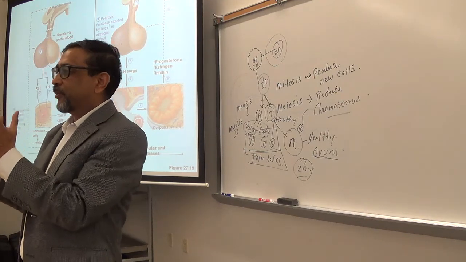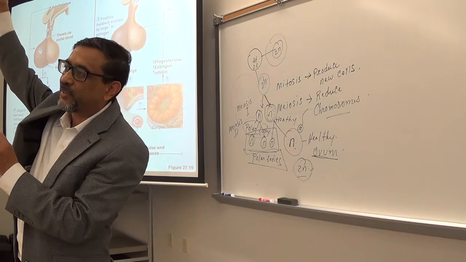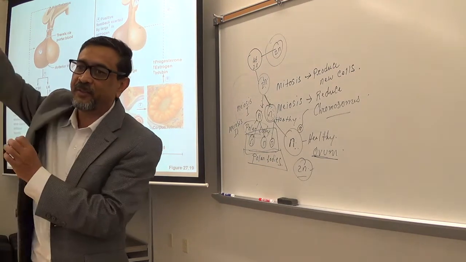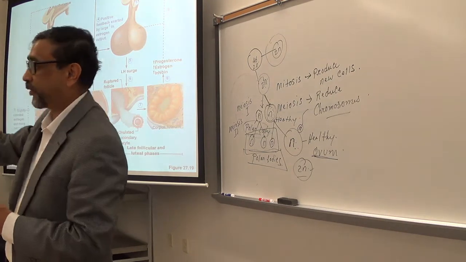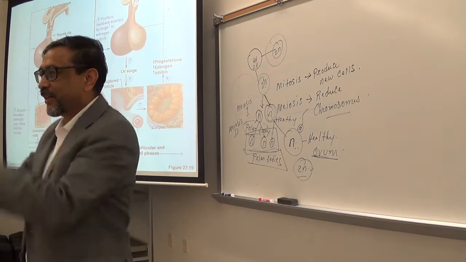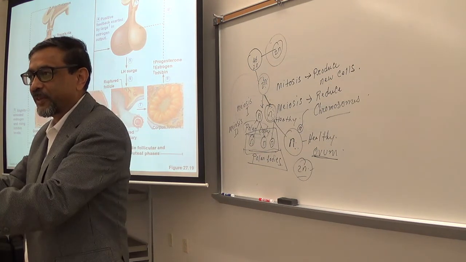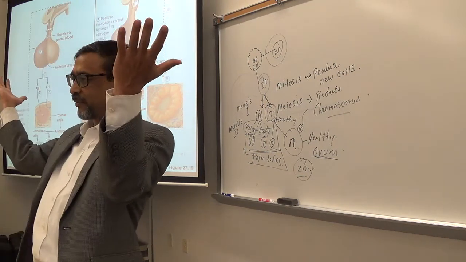So it is ready to rupture, but before it ruptures, what happens? Plenty of luteinizing hormone is suddenly released from the anterior pituitary. That is called the luteinizing hormone surge, or LH surge. Suddenly, plenty of luteinizing hormone will be released, and that will cause the rupture of the Graafian follicle.